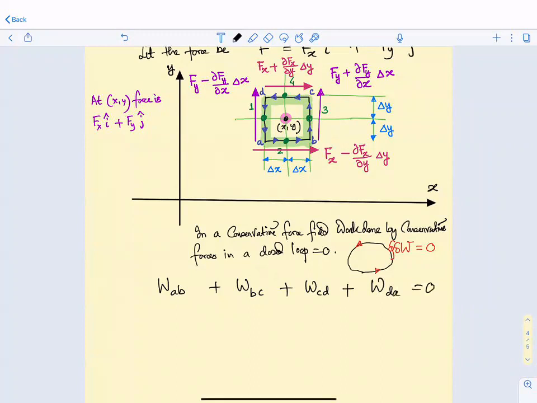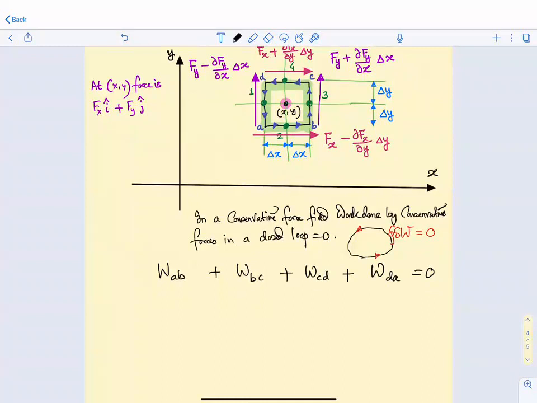Now work done in path AB: along AB the force may vary, but as this is a very small length, we will consider the force at point 2 as the average force, since delta x is very small.